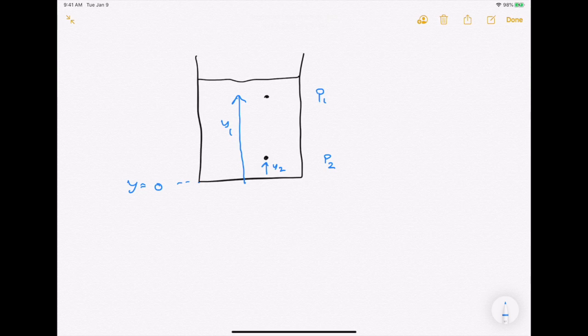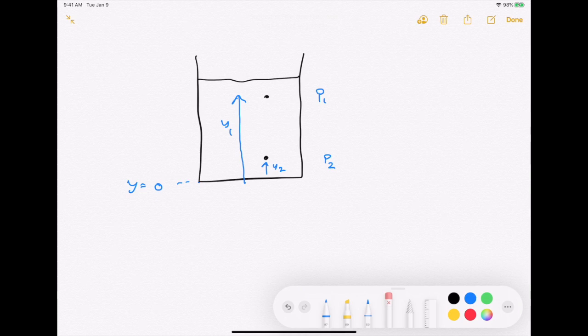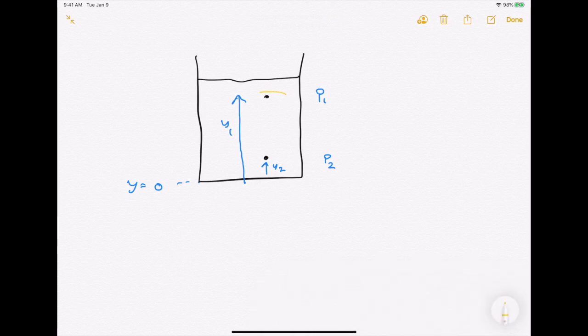This is a nice application of what we learned in the last chapter, which is equilibrium. So let's imagine drawing a little imaginary cylinder like this, such that the two points are at the faces of the cylinder.